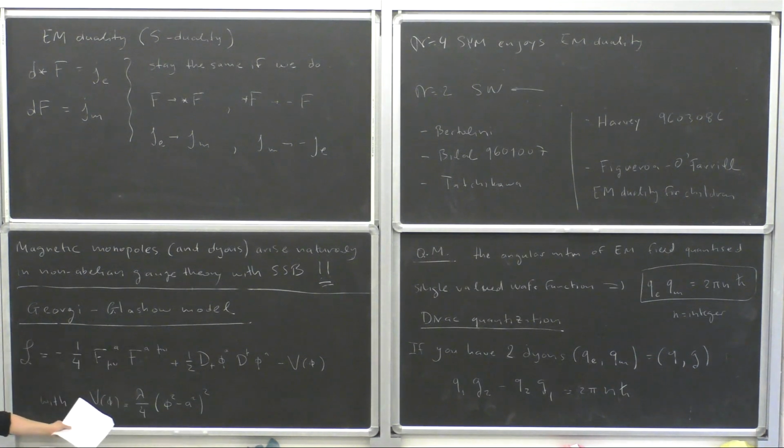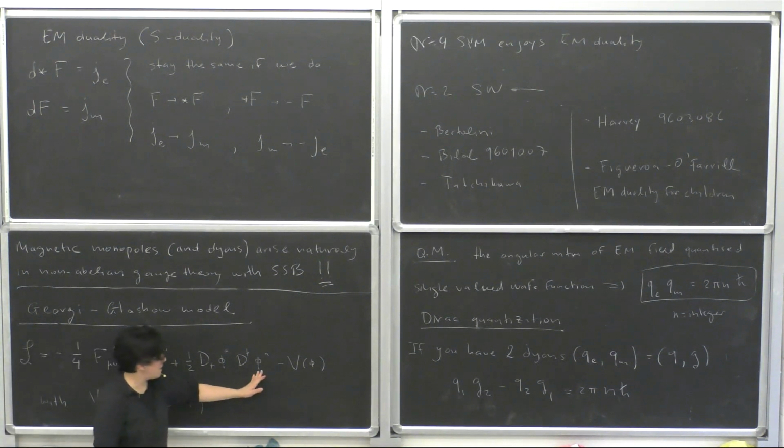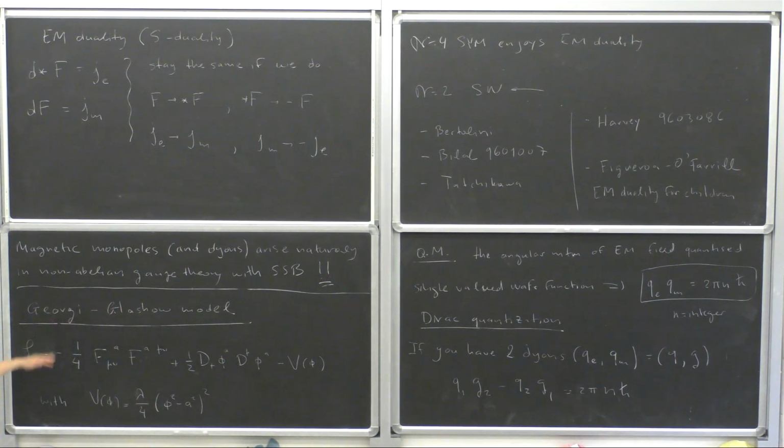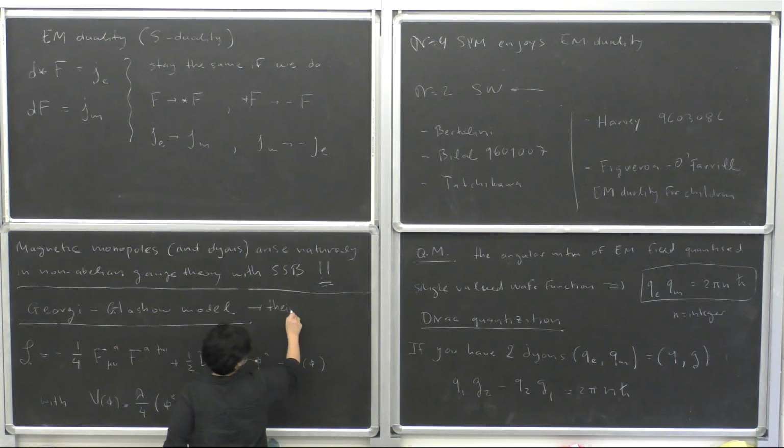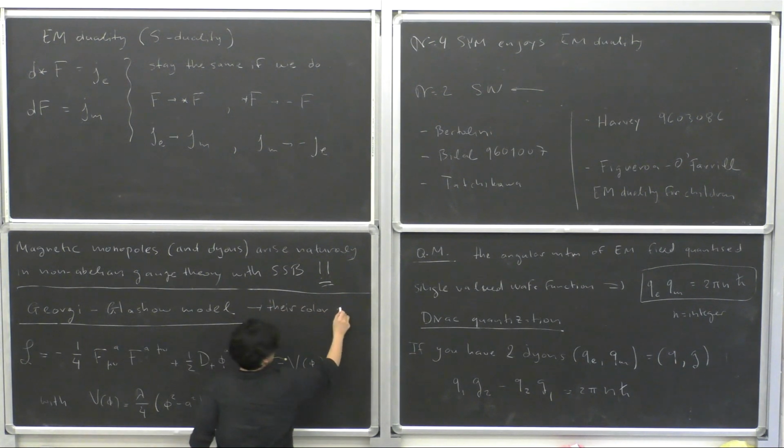By the way, this Lagrangian looks like this, and there is no bar, because these guys at the beginning, when they wrote this stuff down, they were just thinking that the color group was O3.